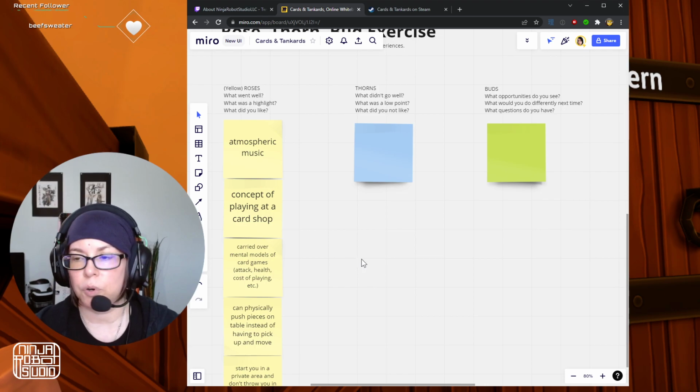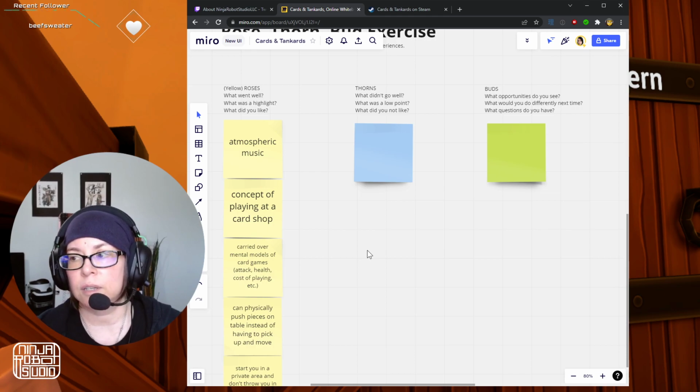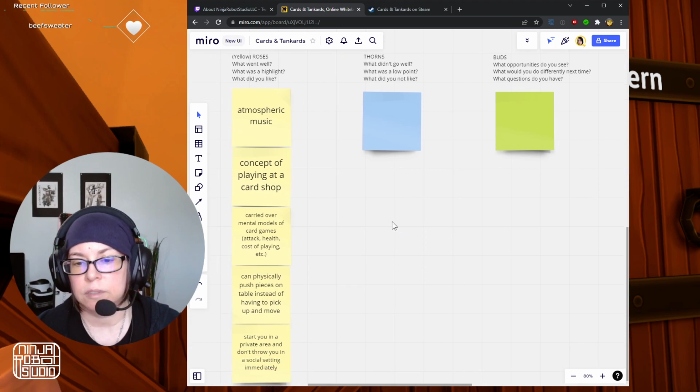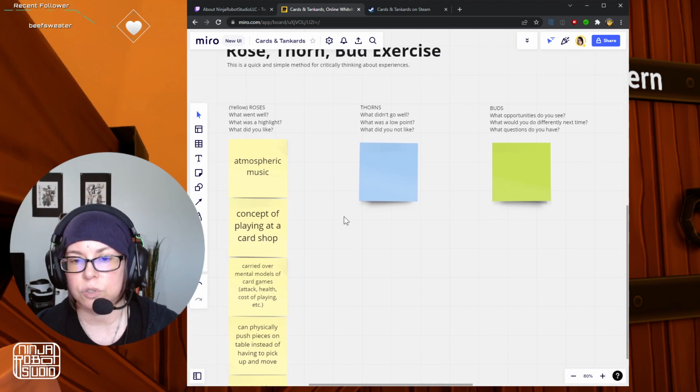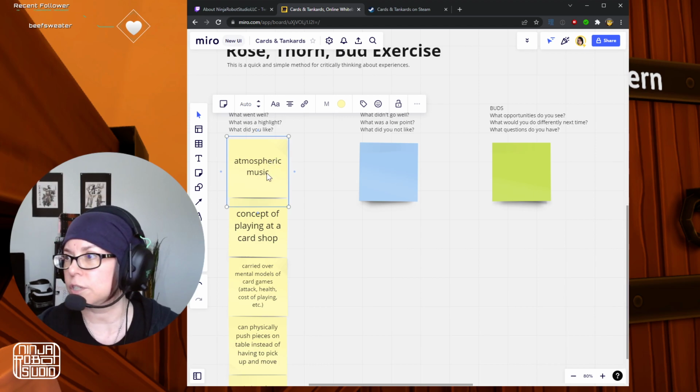You want to keep the points separate because their solutions are potentially separate. The way you would fix it in the development side of things is potentially separate. So you want to keep them separate, and then you can work with developers later to figure out how these issues are solved if you're doing a project of your own instead of just an exercise like we're doing right now.